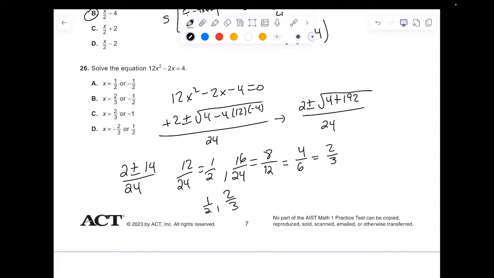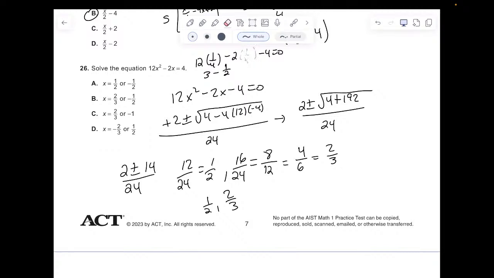Let's just plug in just to be safe. Let's just do 1/2. So 12 times 1/4 minus 2 times 1/4 minus 4 equals 0. 12 divided by 4 is 3 minus 2. 2 divided by 4 is 1/2. What did I do?